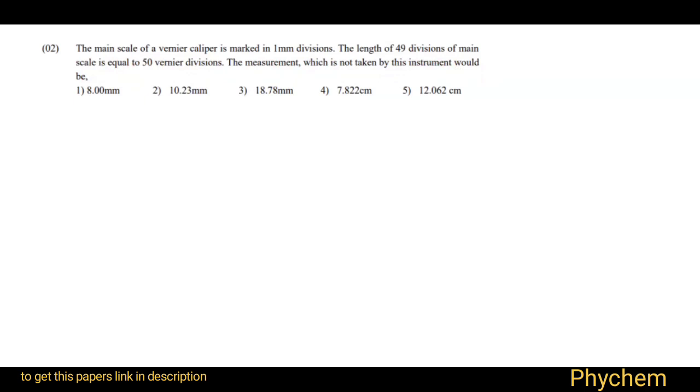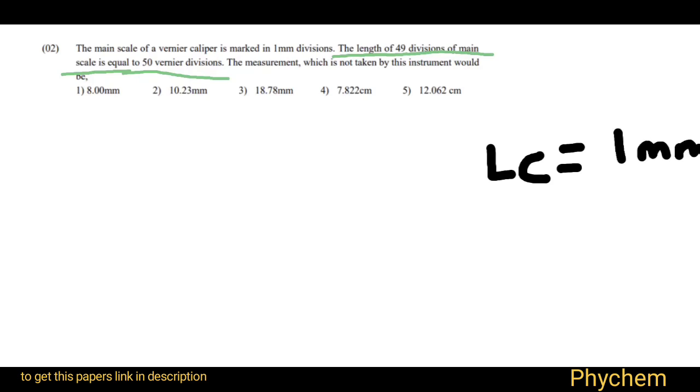So the data given is that the length of 49 divisions of main scale is equal to 50 vernier divisions. So you can conclude the least count. This is a shortcut: you could conclude that 1 millimeter, because the separation is 1 millimeter, is divided by the total vernier divisions, which is 50.